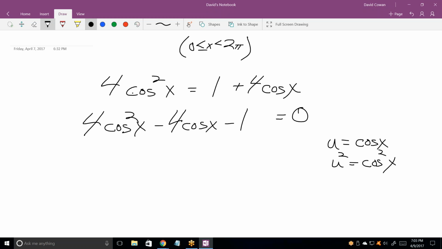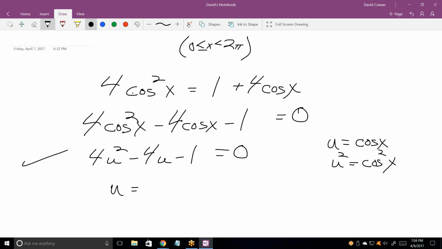If you're ever in doubt as to whether something is a quadratic, make sure you can use substitution, which would basically give you this. Now it looks like a very normal polynomial. And we can't factor that either, but let's solve it using the quadratic formula.